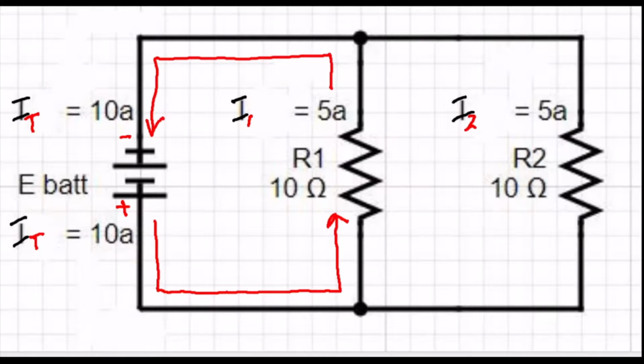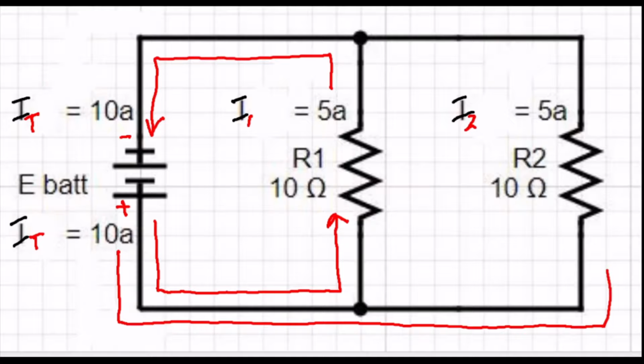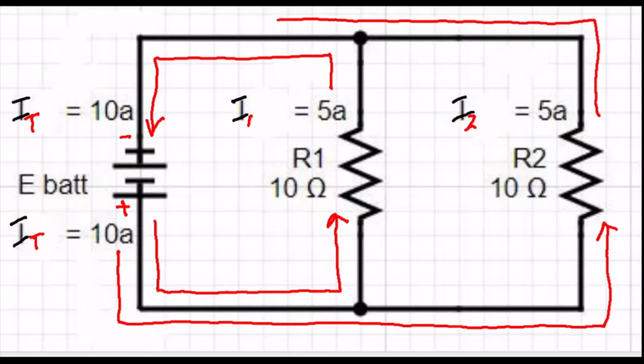Okay, but when it gets back to the battery, it's 10 amps. Okay, where did that extra 5 amps go? It went to the other resistor. So if we take that same 10 amps, it leaves the battery, it goes to this resistor, R2, and at that point the current is 5 amps. It leaves that resistor, returns to the battery, and it's 10 amps when it gets back to the battery.